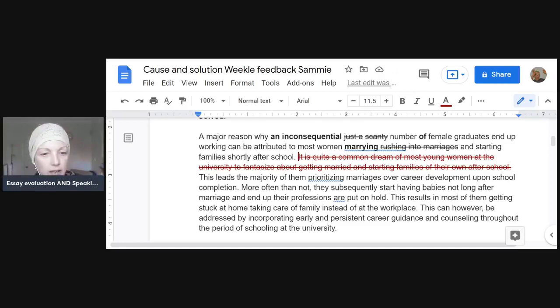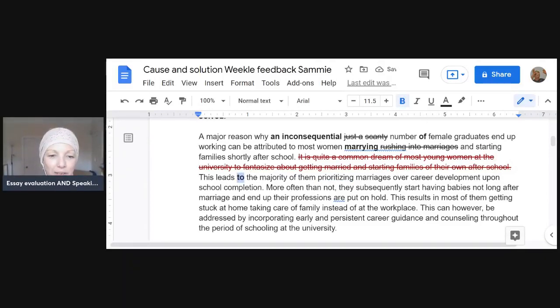And then ideally, the next sentence after your topic sentence should say, this is because, or this leads to, or this means that. So this leads to, oh, we did this in grammar on the masterclass. Oh, this is wonderful. This leads to the majority of them prioritizing.